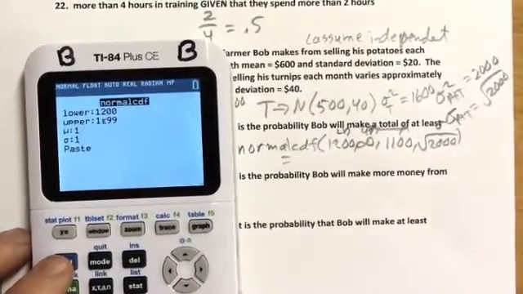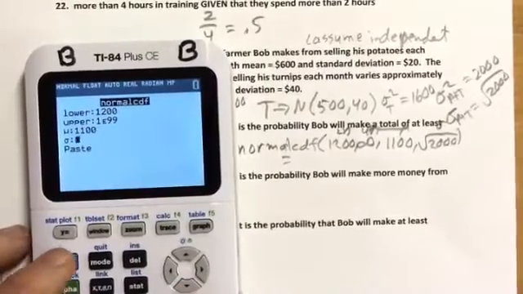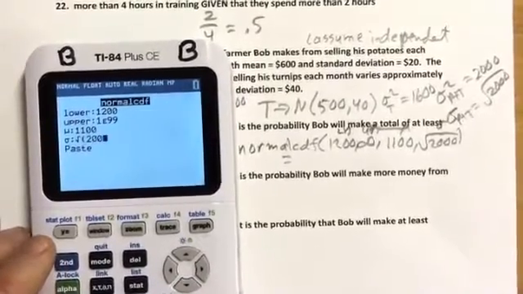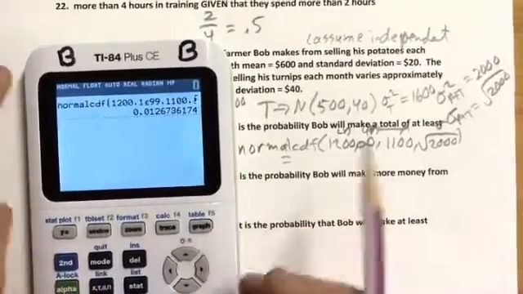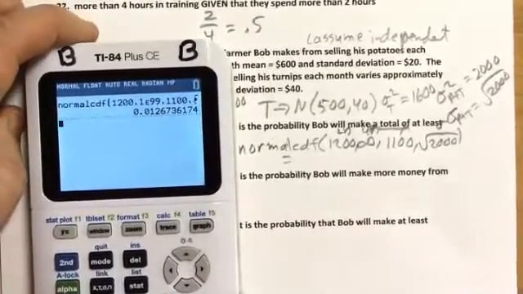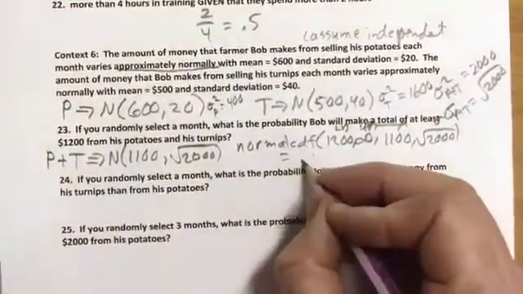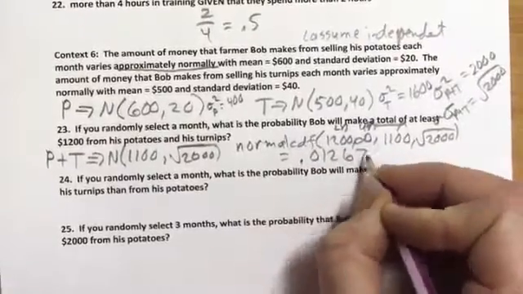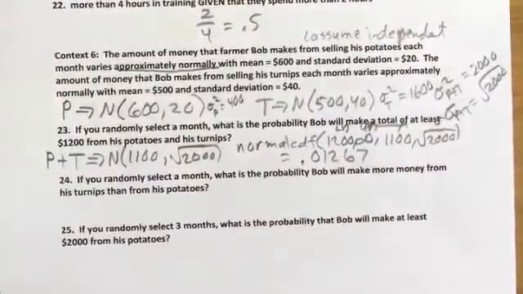Then 1100, and then the square root of 2000. And boom, there's the answer: 0.01267. In other words, it's pretty unlikely to occur.